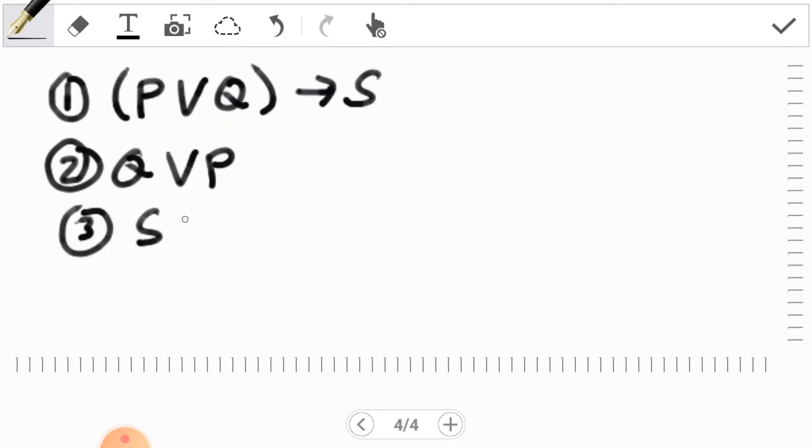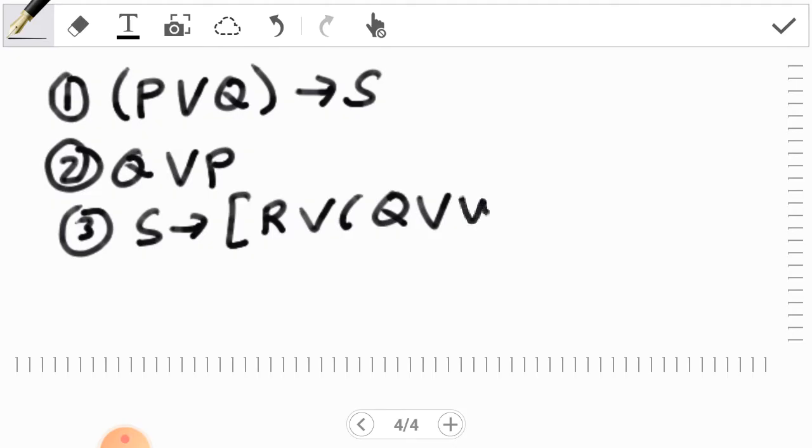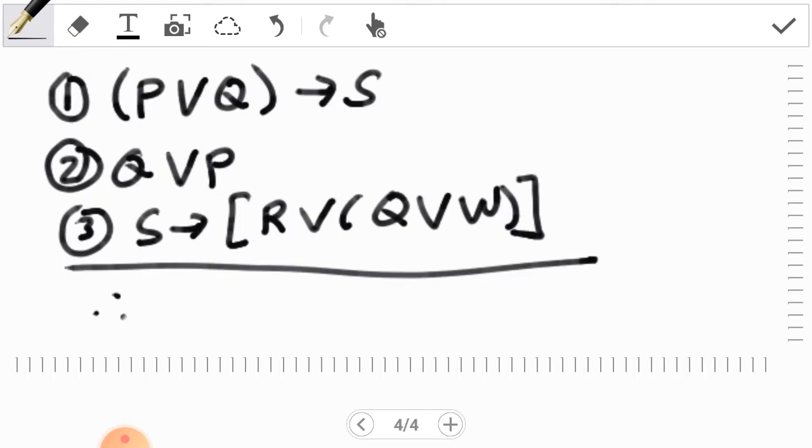We have S implies R or Q or W. Conclusion, therefore, W or R or Q. W or R or Q as our conclusion.